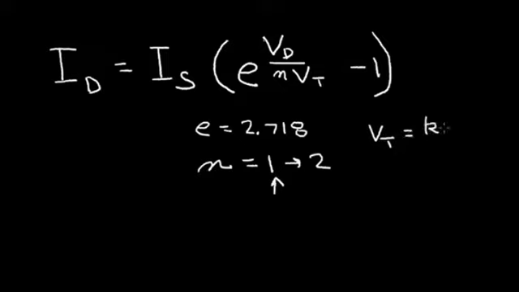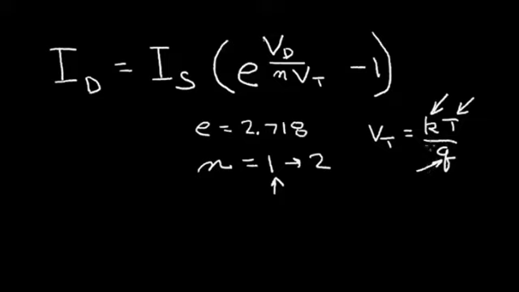Now the V sub T term is called the thermal voltage, and it's equal to KT divided by Q. K is Boltzmann's constant, T is the absolute temperature in degrees Kelvin, and Q is the charge on an electron.